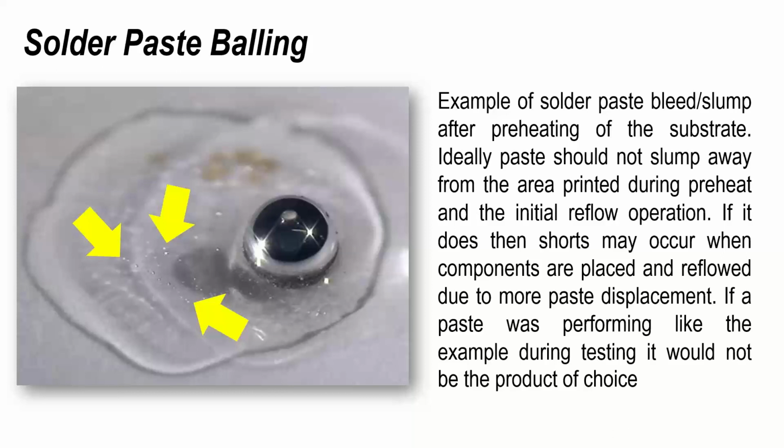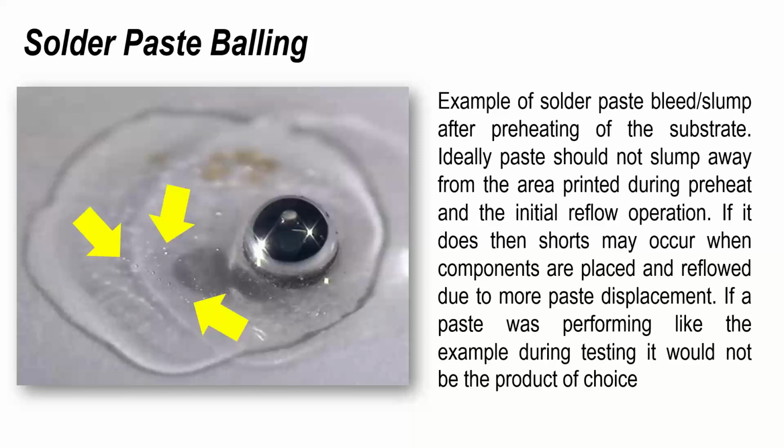More recently, in the last couple of years, I've been doing a lot of work on low temperature alloys, bismuth containing alloys, and I have noticed that if I compare products, I do see some evidence or more evidence of solder balling during reflow tests than I do on traditional products that we'd be using today.